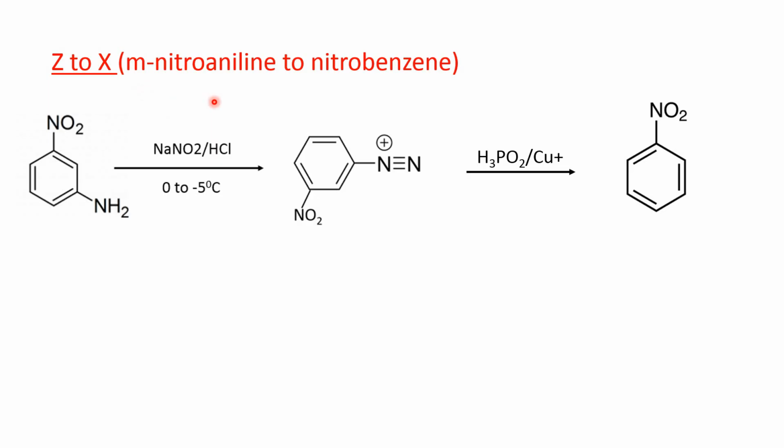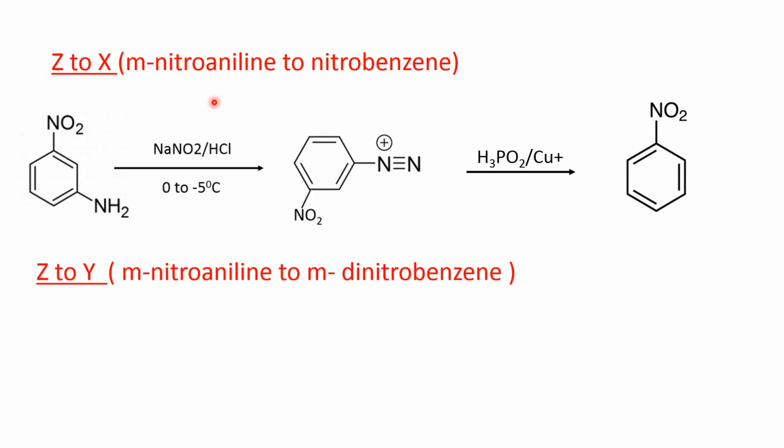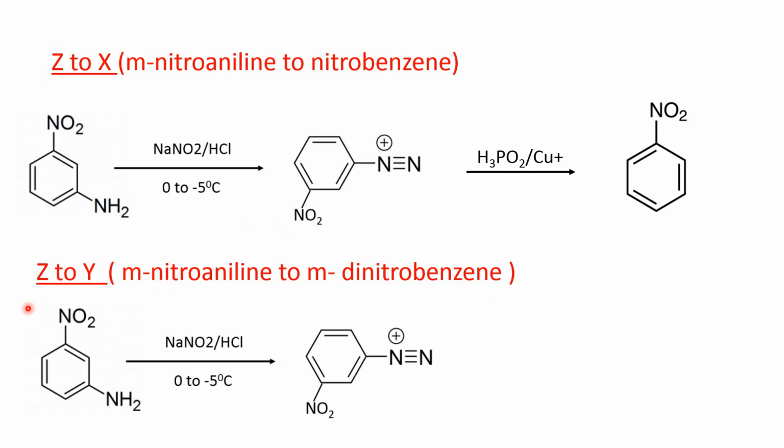Next one is Z1, that is meta-nitroaniline to meta-dinitrobenzene. So this is meta-nitroaniline. Obviously, it has to be converted to diazonium cation. So here in the meta position, the nitro group is there. Now this diazonium group has to be replaced by another nitro group.